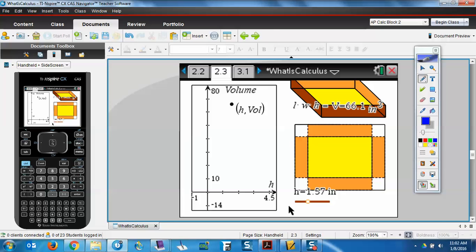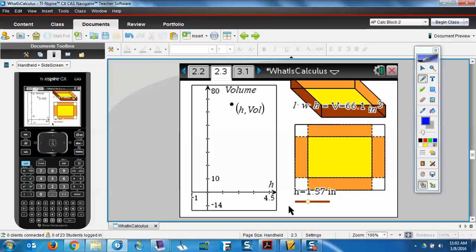You take a piece of paper and cut out the four white corners, then fold up the orange pieces and make a box out of a piece of paper. So the question is, how big of a square should you cut out of the corner to make the box that has the biggest volume?